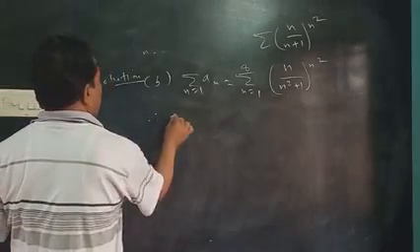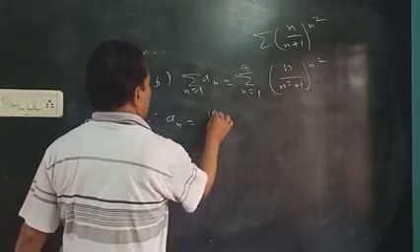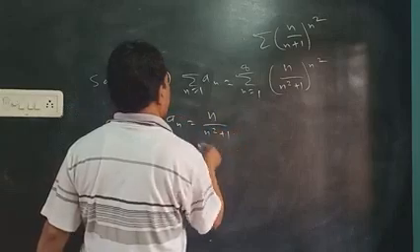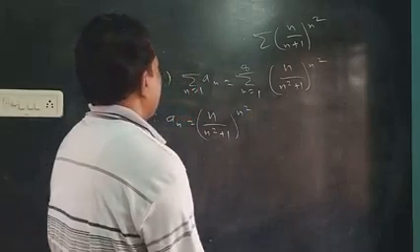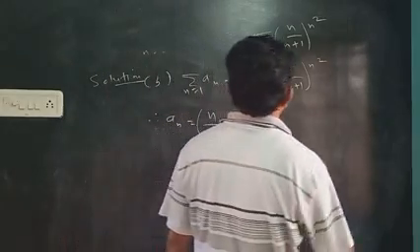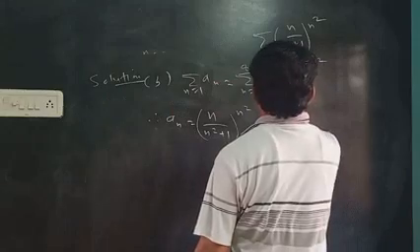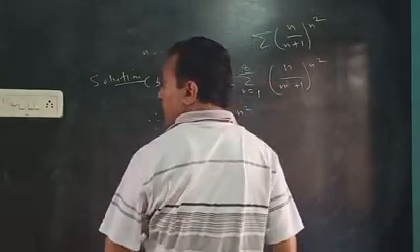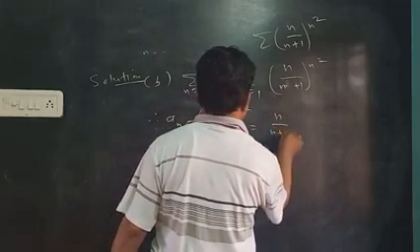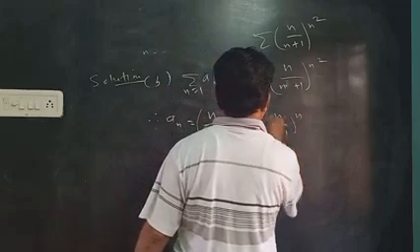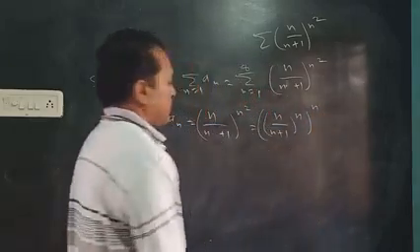So therefore a_n will be n upon n plus 1 raised to power n square, which is the same as n upon n plus 1 raised to power n, and again raised to power n.